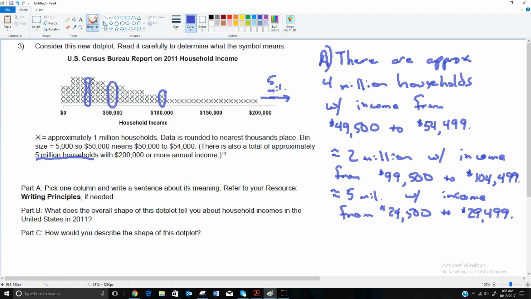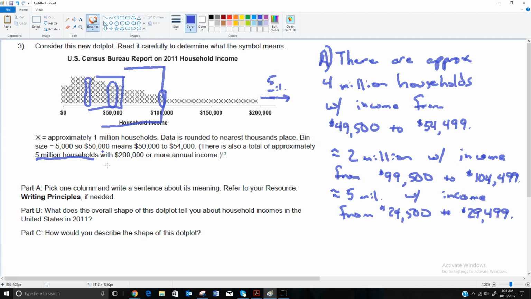But still, even at that, we have a vast majority of households from this $100,000 on down. In fact, we could probably even say from here down, $50,000 or $60,000 or less.